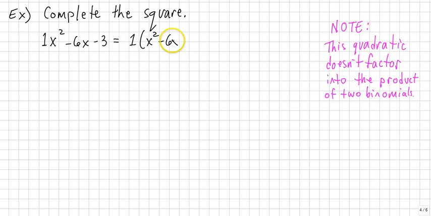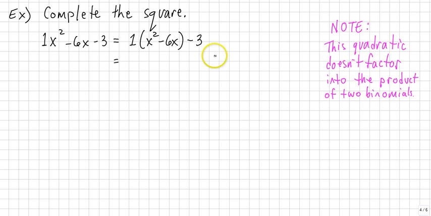It'd be negative 6x. And then the negative 3, we don't touch it. Now, you might be thinking to yourself, why did we just do that? Because it didn't change anything. And you're right. If a is positive 1, then factoring it out doesn't really do anything. So you can actually skip that first step if a is positive 1. And a is not always positive 1, so we'll do one where it's not.